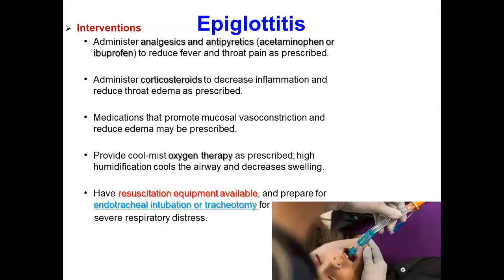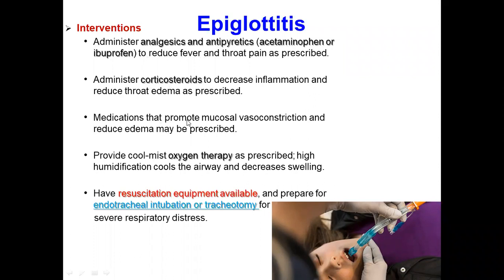Next, administer analgesia and antipyretics because of fever, high-grade fever. Acetaminophen or ibuprofen is the drug of choice. It reduces fever and throat pain. Administer corticosteroid to reduce the inflammation and the throat edema.